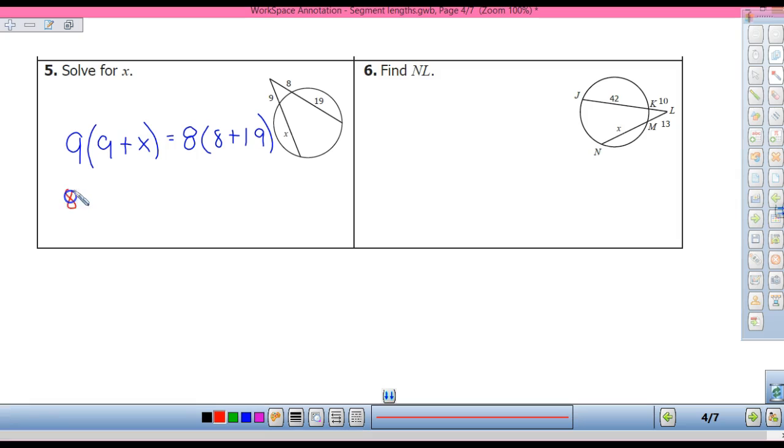So over here we have 81 plus 9x equals, careful there, take 8 plus 19. Because parentheses is first, right? Order of operations. So you have to do 8 plus 19 and get 27, then multiply it by 8. 216.